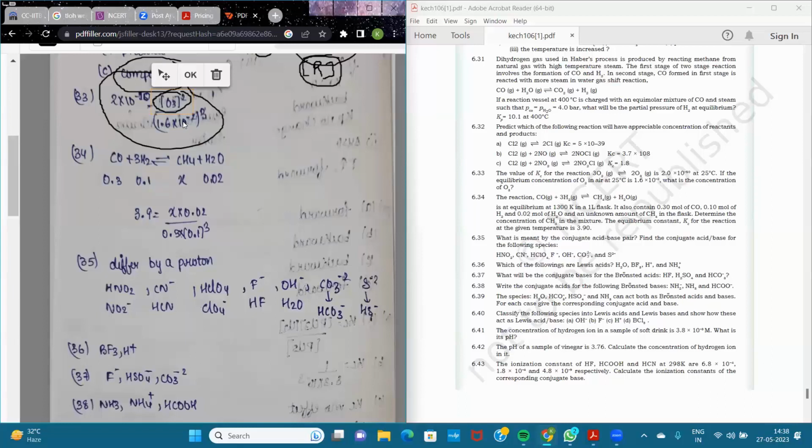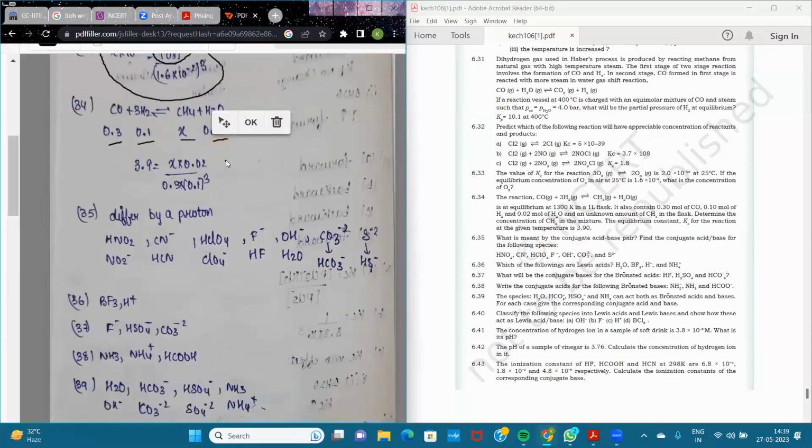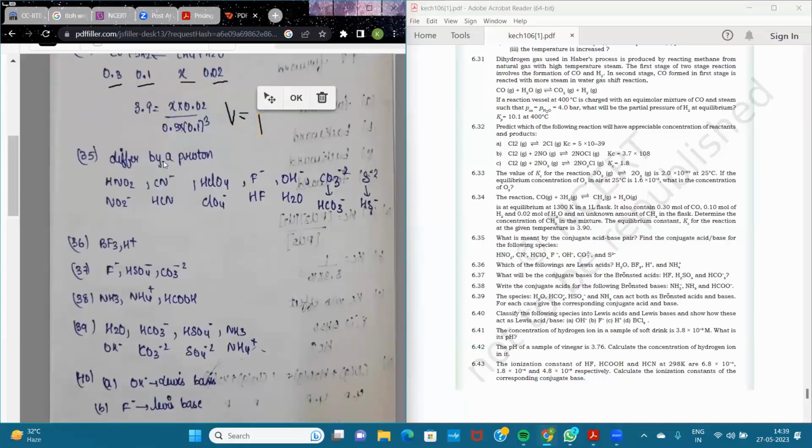Read the question carefully: they gave the equilibrium concentrations, that is 0.3, 0.1. We don't know the equilibrium concentration of CH4, so we'll consider it as unknown X. This is H2O vapor, so we'll include the concentration of H2O in the equilibrium constant expression, that is 0.02. Volume was given as 1, so we can calculate the concentration by dividing by volume.